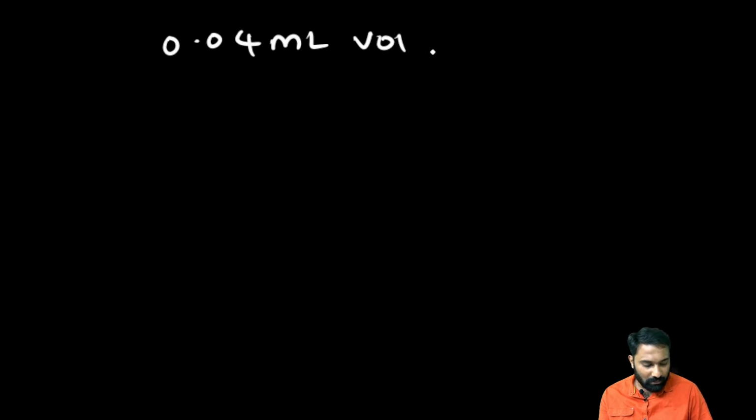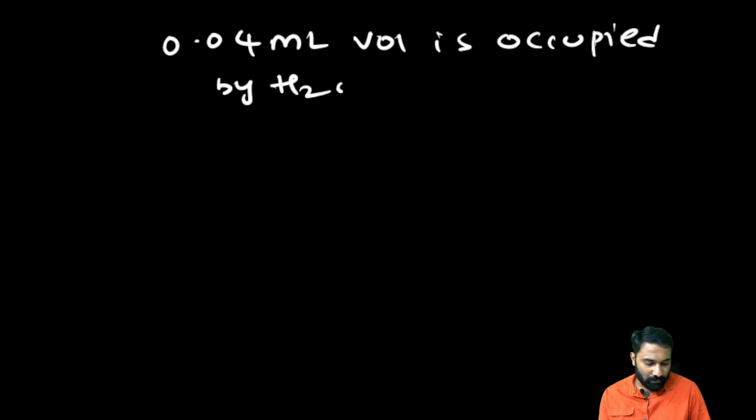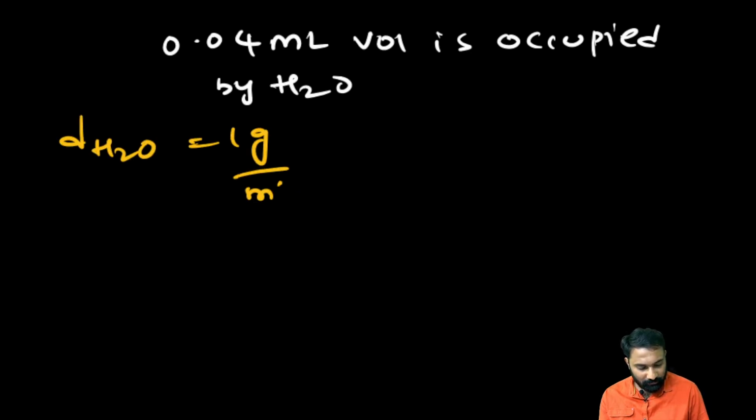See, what he has given, what he is saying: 0.04 ml of volume is occupied by H2O. Density of H2O is 1 gram per ml. Density formula is mass by volume.